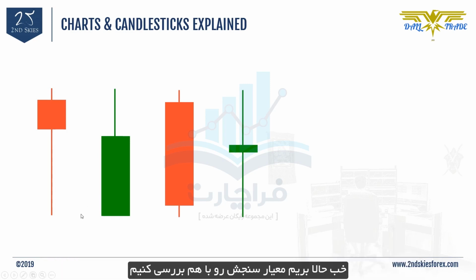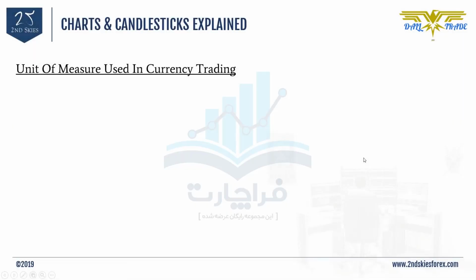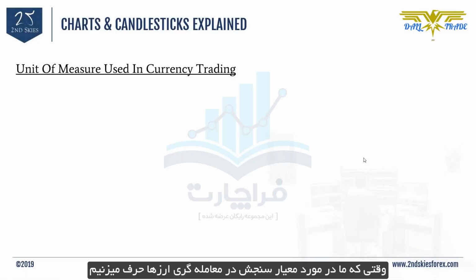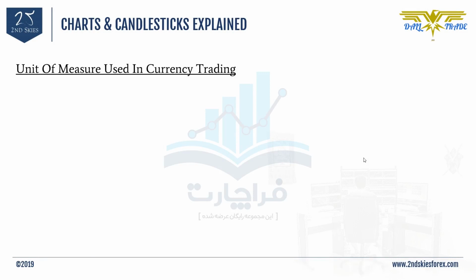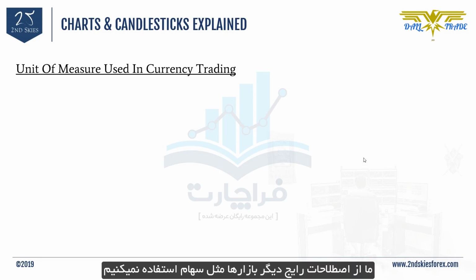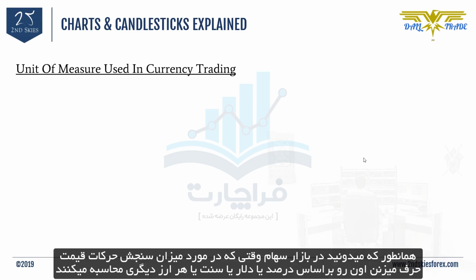Now let's move on to the unit of measure. When talking about unit of measure used in currency trading, we're not using the same terminology used in, for example, stocks. As you might know, when talking about stocks, it's often easy to refer to movements in terms of percentage, in dollars, in cents, or depending on your local currency.